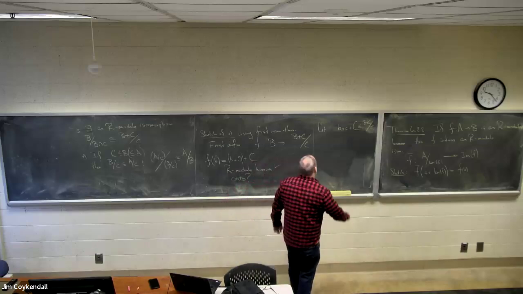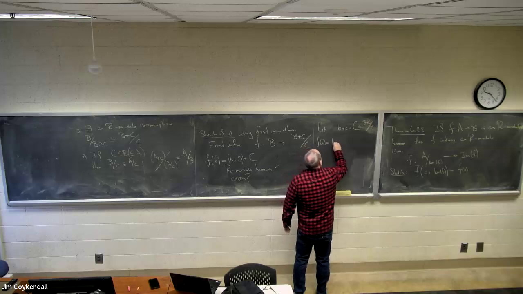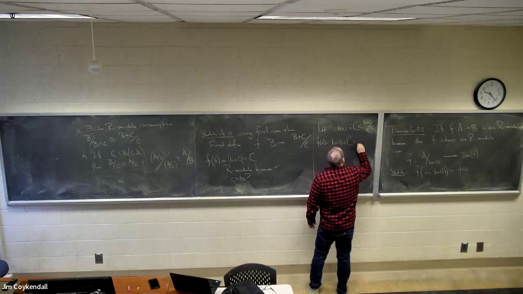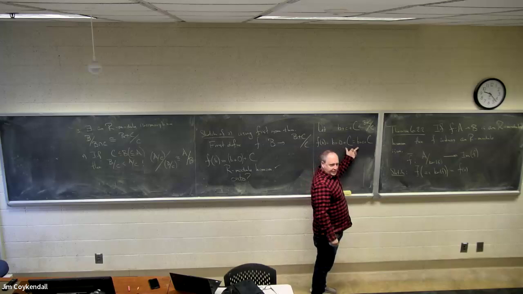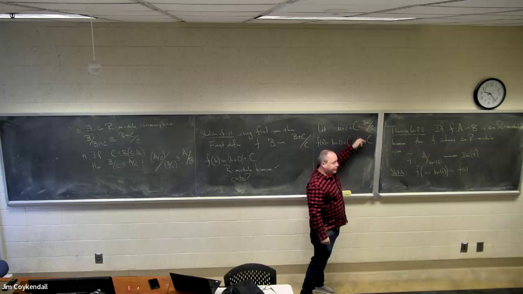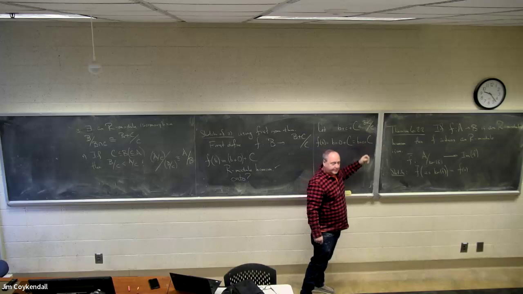B works, right? Because the difference of these two is in C. The difference is B plus 0 and B plus C is in C. So in this quotient structure, these two things are the same. So this maps onto. Everybody okay with that?